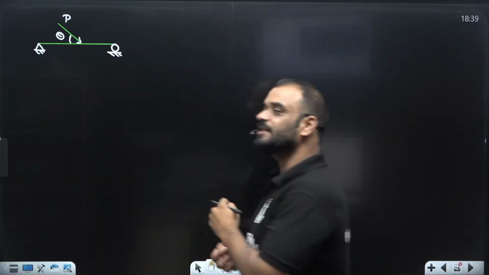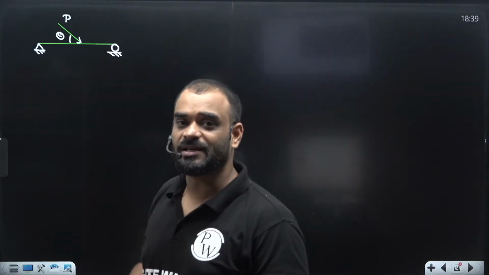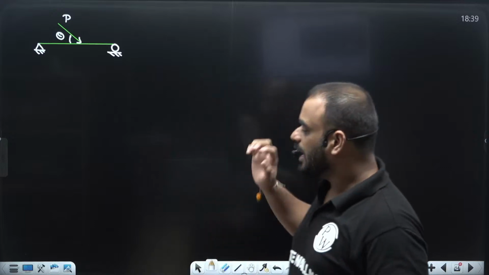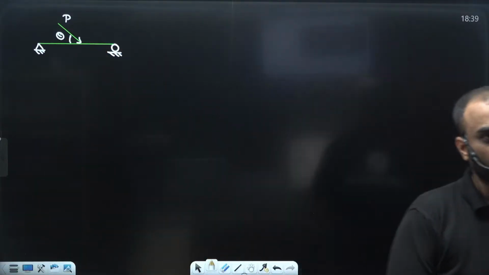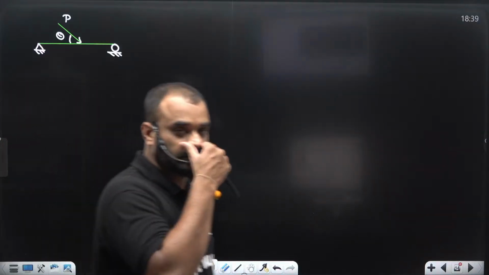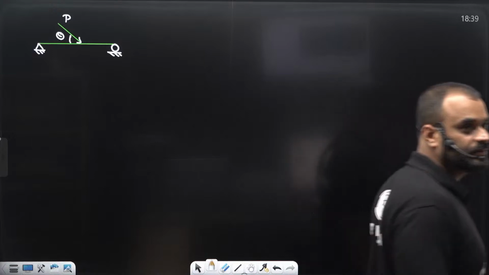Now tell me guys, in this particular structure, how many external support reactions can develop? What is the total number of reactions which can be developed over here? Please write down in the chat box. 2, 3, 5, 6, 8, 7, 10, how many?